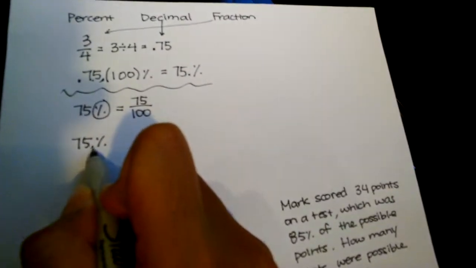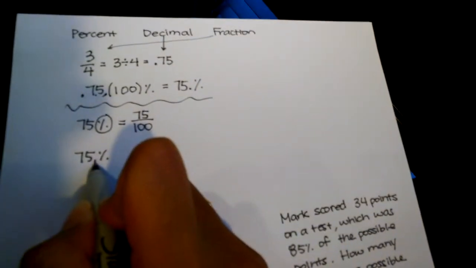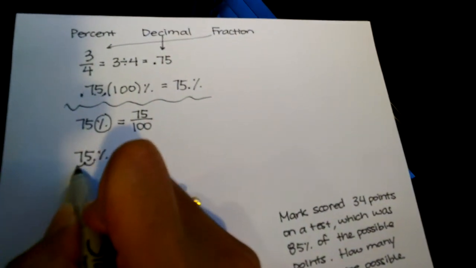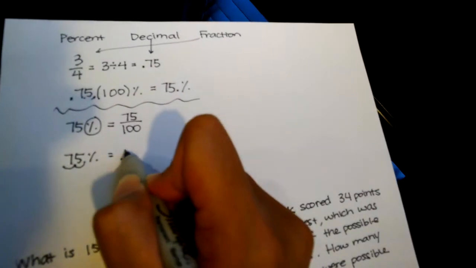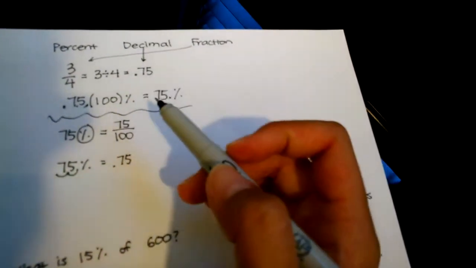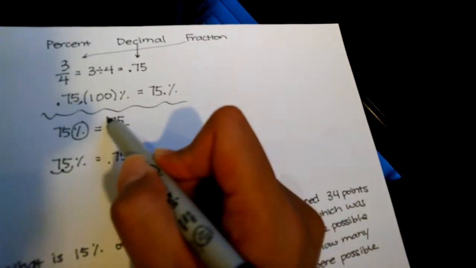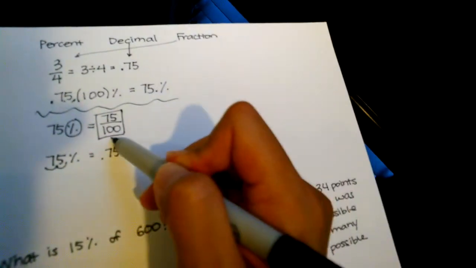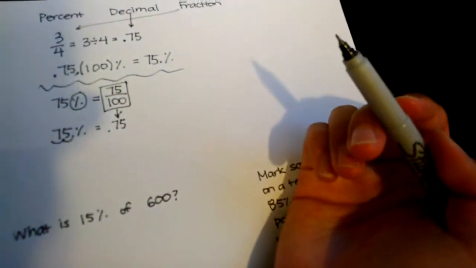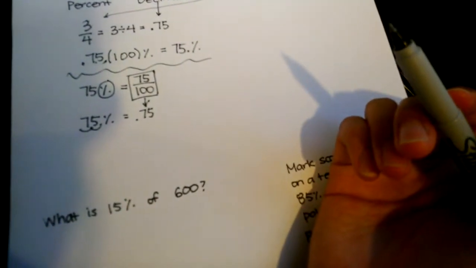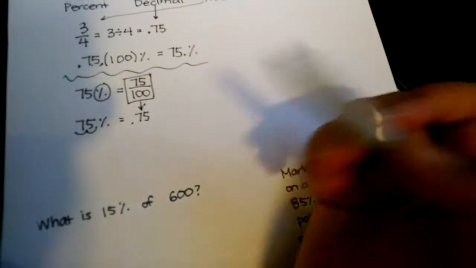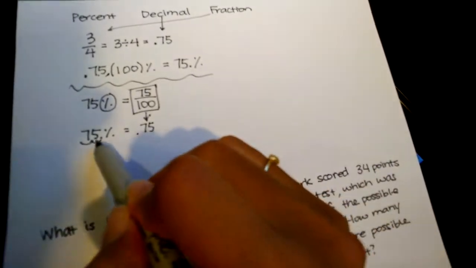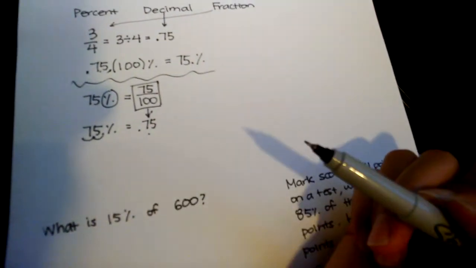You do the opposite, and you take away the percent sign. So you move it to the left 2 places, and it's 0.75. Another way to think about it is doing the division: 75 divided by 100 gives you 0.75. Whichever way you think about it will carry out to the same thing. Just don't get the percents confused with the decimals.